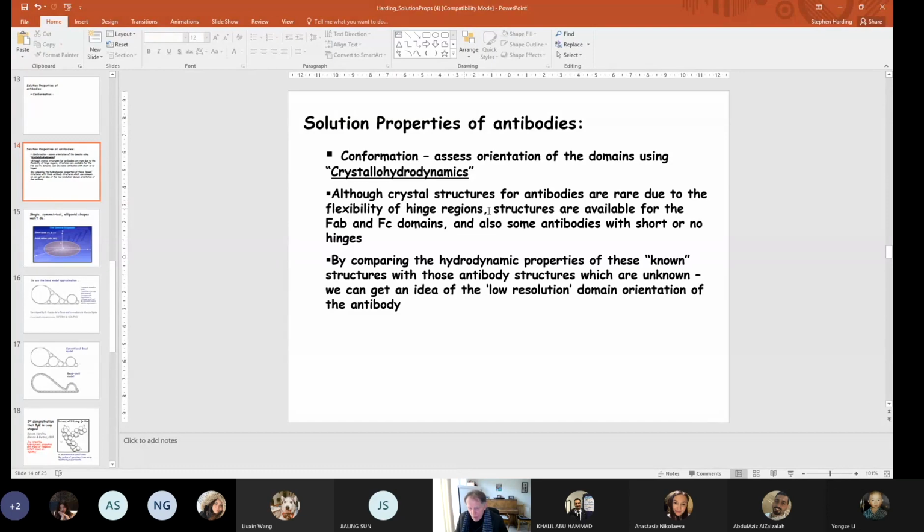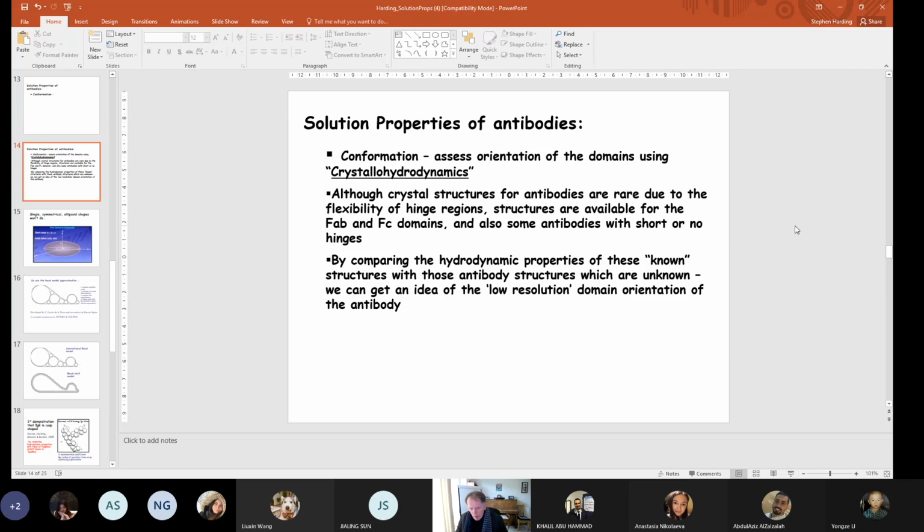Crystal structures, as I said before, are difficult to obtain for antibodies because of the flexibility of the hinge regions. And that means, although you can crystallize antibodies, it's very difficult to interpret the electron density maps because they're not constant because of the flexibility, making it very difficult for us to get structures by this technique.